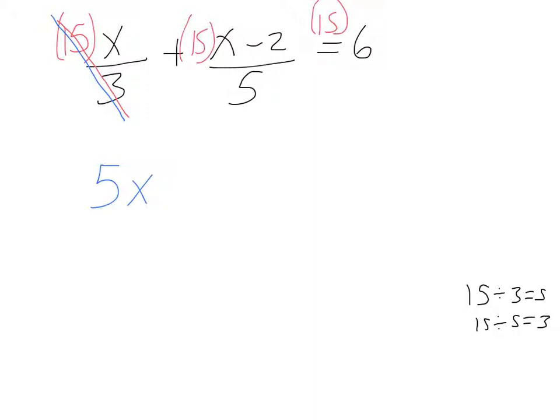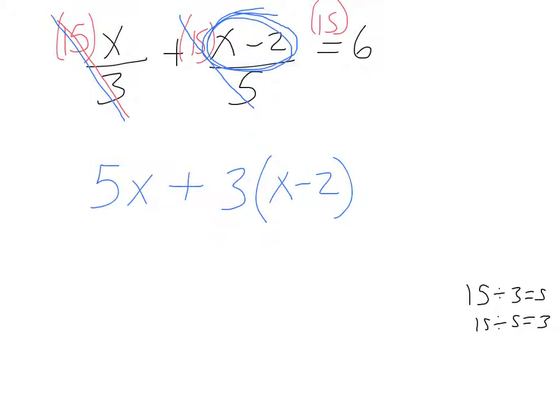So 5x plus that 15 and that 5 becomes 3, right? And then multiply it by everything in that bracket, right? Because the 3 has to be multiplied to everything in there. And then 15 times 6 is 90.